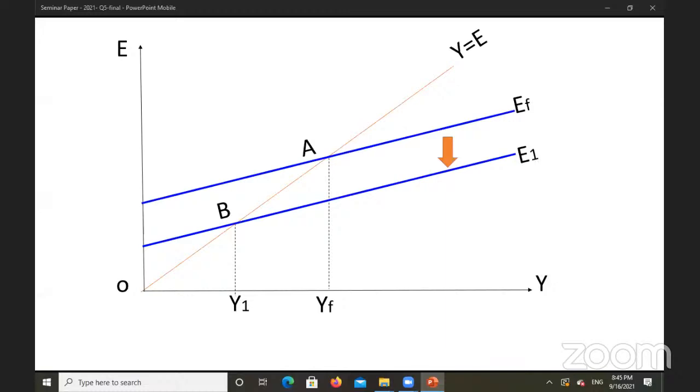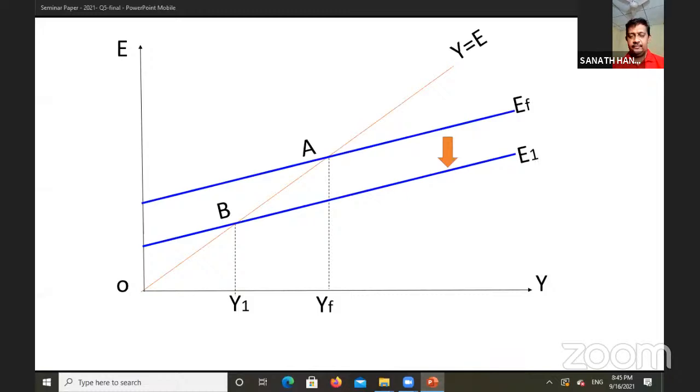That's an important point. You have to explain the diagram and say that this is equilibrium, and equilibrium can happen below the full employment level, which means unemployment. Then it asks how the economy can be brought back to the full employment level.